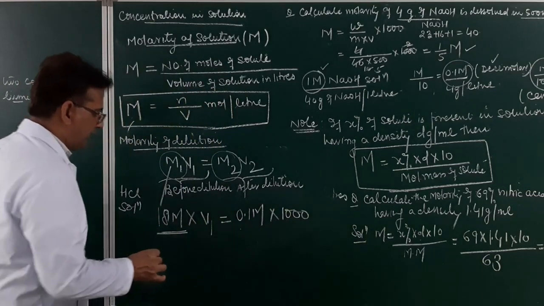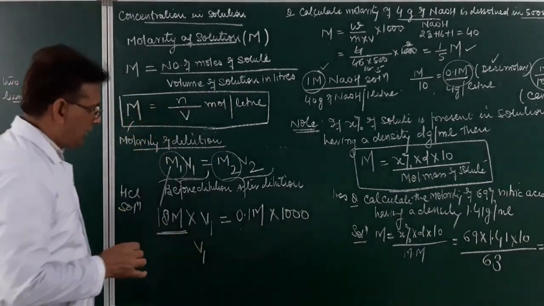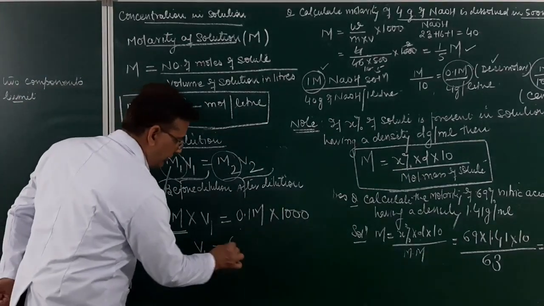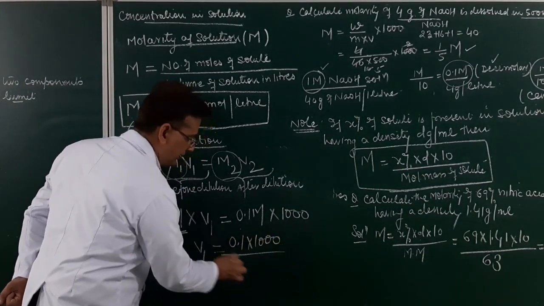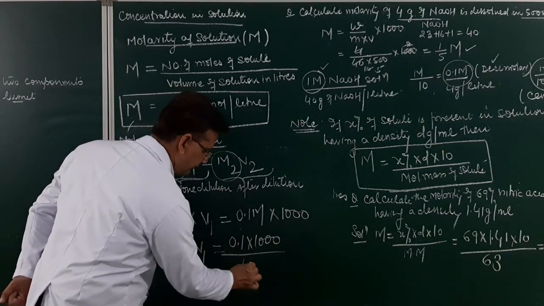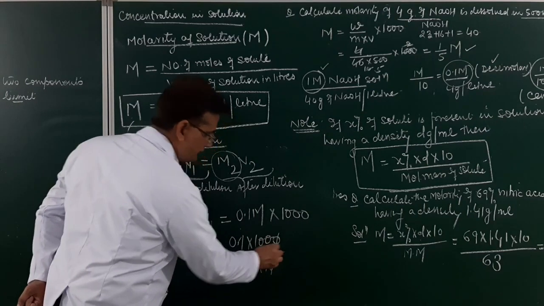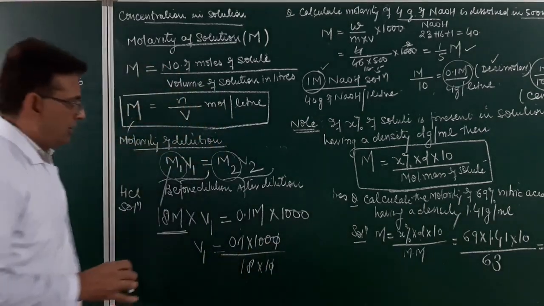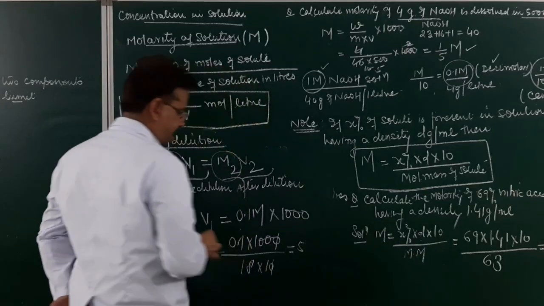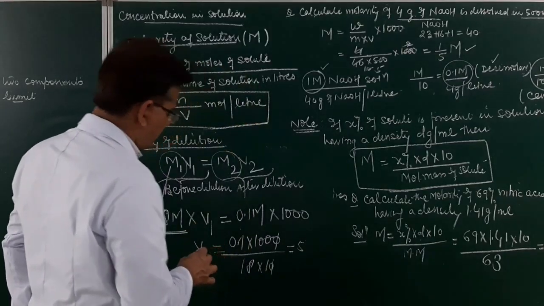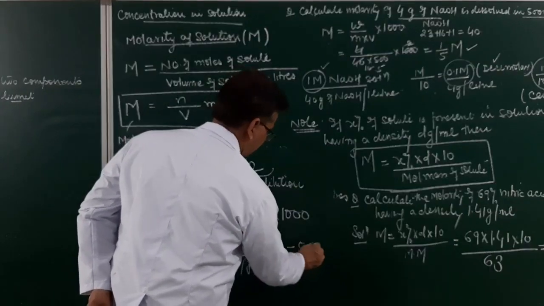So from here I will calculate the V1 volume. And how will I calculate? This will be 0.1 into 1000 divided by 18. On solving it out, it will come out to be equal to 5.5 ml approximately.